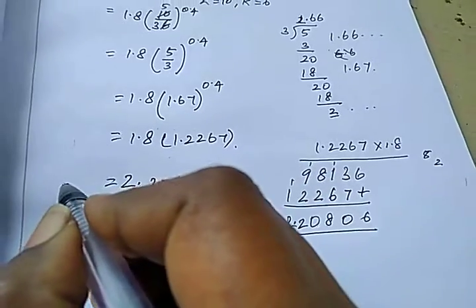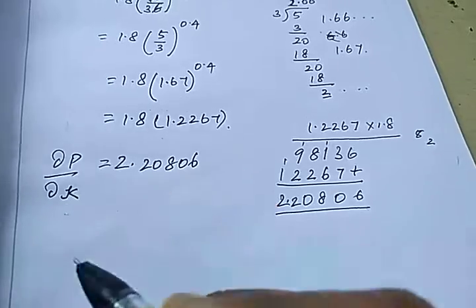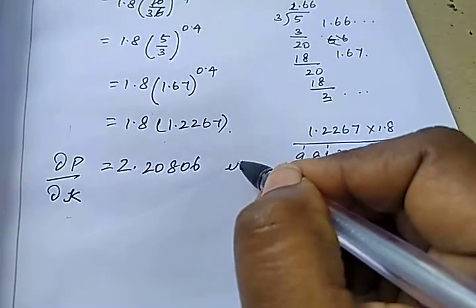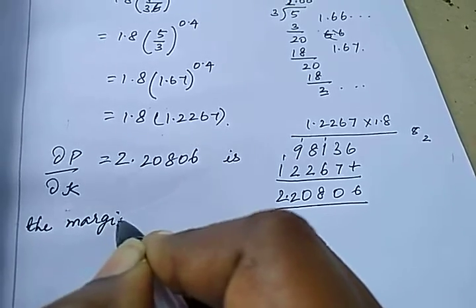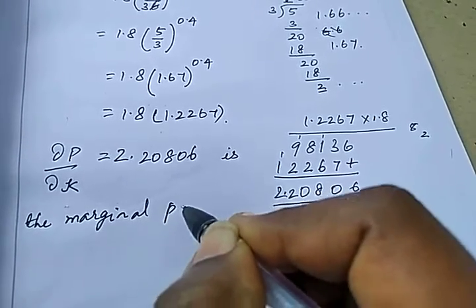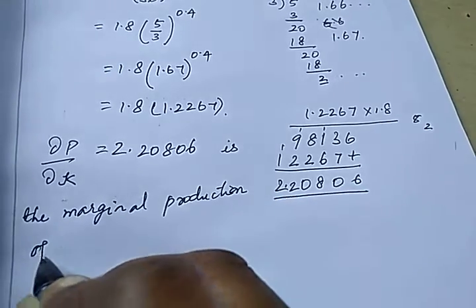So this one is dou P by dou K, the marginal production of capital.